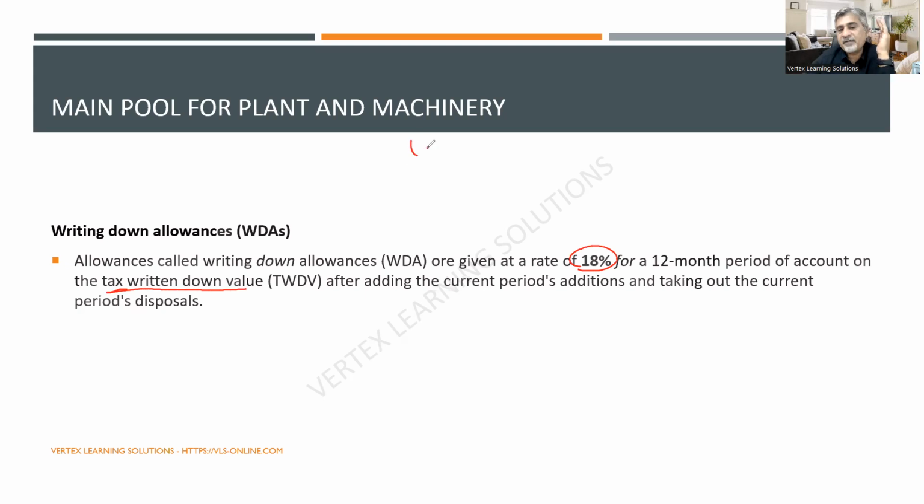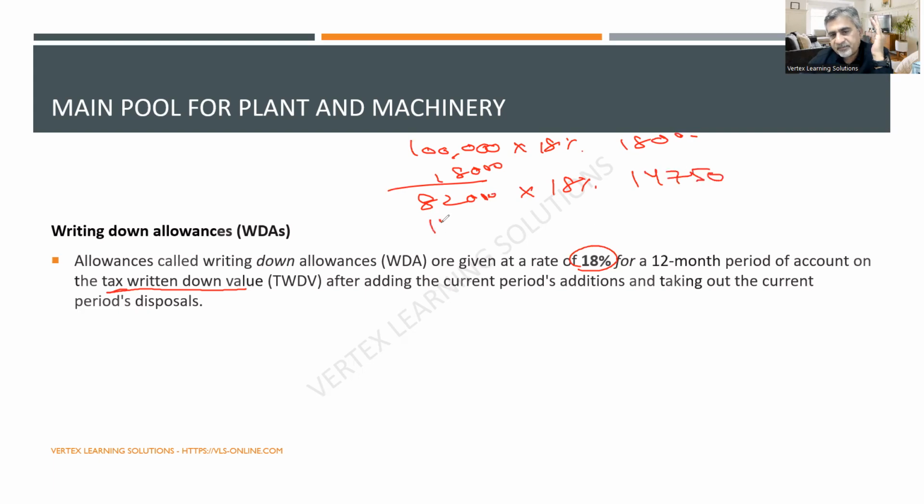For example, if you have first year an asset for 100,000 and you charge 18%, so it makes 18,000, okay? So you subtract 18,000 from here and what is remaining? 82,000. So the next year allowance will be 82,000 into 18%, that is 82,000 into 0.18. That makes 14,760.